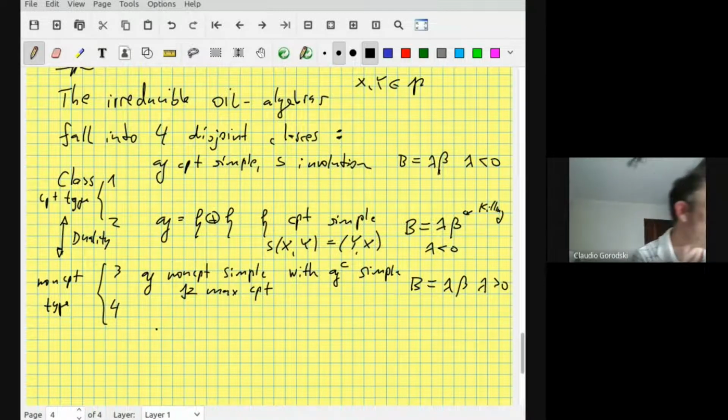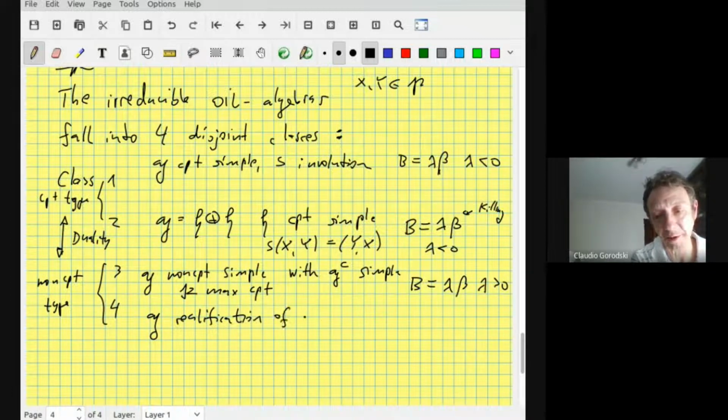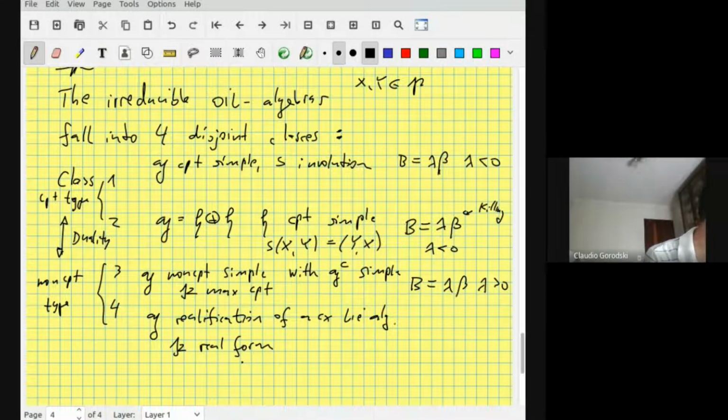In class 4, G is the realification of a complex Lie algebra. And K is a real form, also a maximal compact subalgebra.